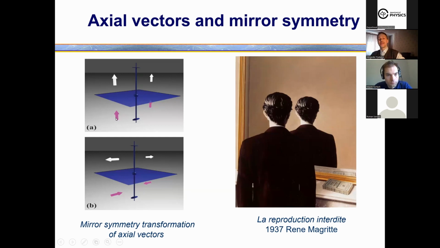That reminds me of the surreal painting of René Magritte. You can see it here. It's quite unusual. And when the vector is along the plane of the mirror, it transforms like this, with the opposite direction.